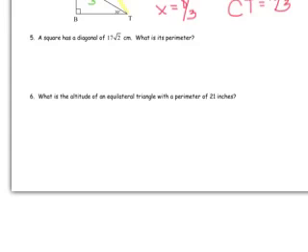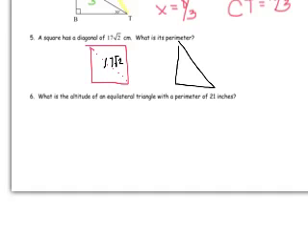Okay, a square has a diagonal of 17 square roots of 2. So here's my diagonal, and that diagonal has a length of 17 square roots of 2. Now, if you talk about a square, a square is 90 degrees all around. So if you cut this in half, this is 45, 45. So if you just want to draw the triangle, this is 17 square roots of 2, and our triangle is 45, 45.